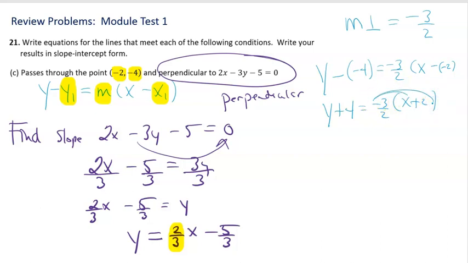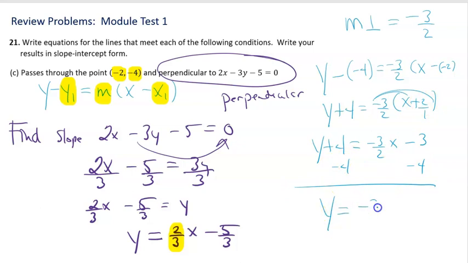Distribute that negative 3/2 inside to give me y plus 4 is negative 3/2 x. Remember that 2 is over 1, so those 2's cancel when you multiply. That's going to be minus 3. Make sure you see that. Okay, subtract the 4 on both sides, and my final result is y equals negative 3/2 x minus 7.